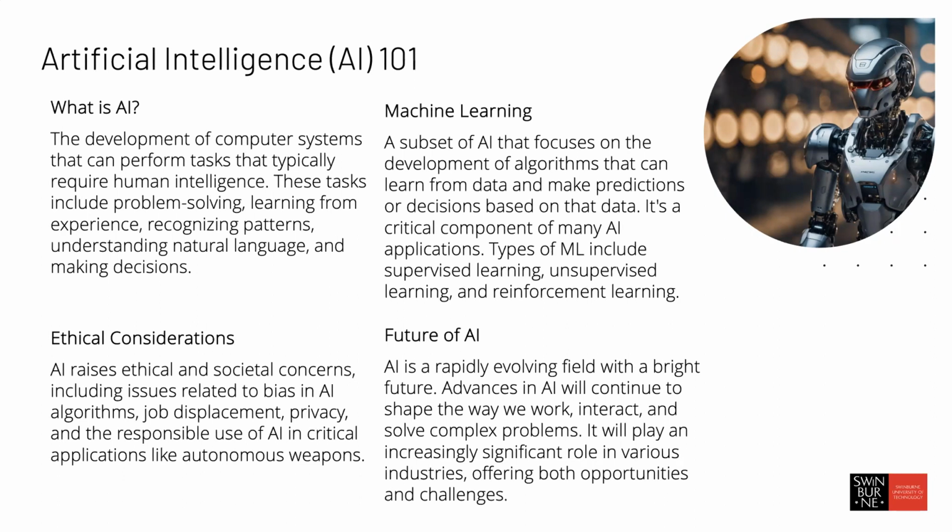We can call all those different types of technologies under this umbrella. We call them artificial intelligence. They are intelligence, but they are artificial because they are generated by computer technologies.